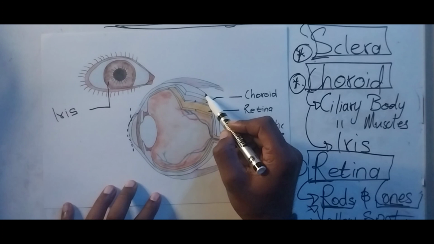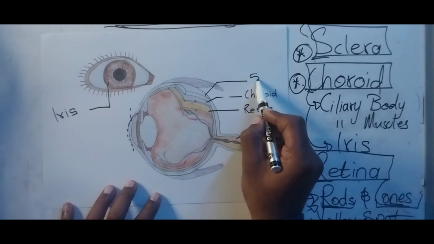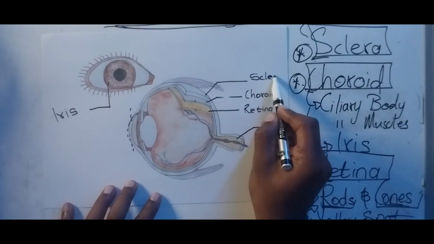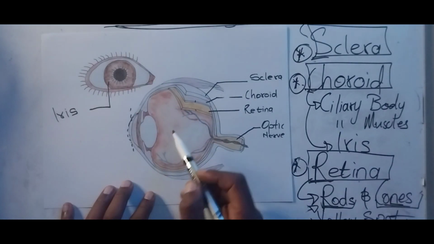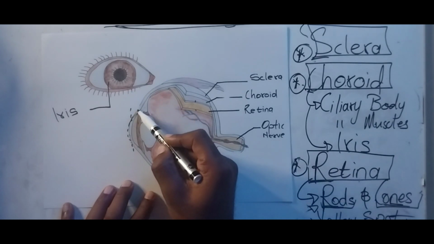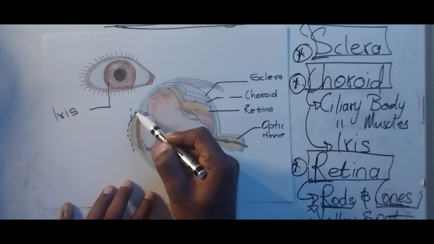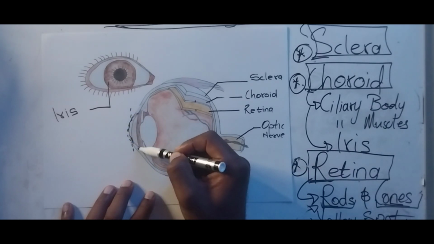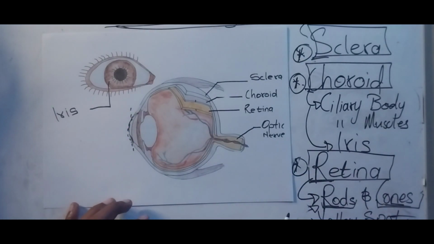Then we have the sclera, the white part you see when you look at someone's eye. At the front, the sclera converts into the cornea, and the cornea is protected by the conjunctiva.